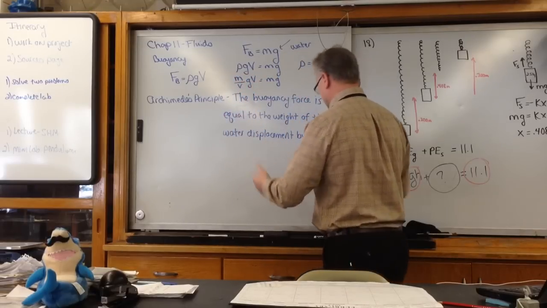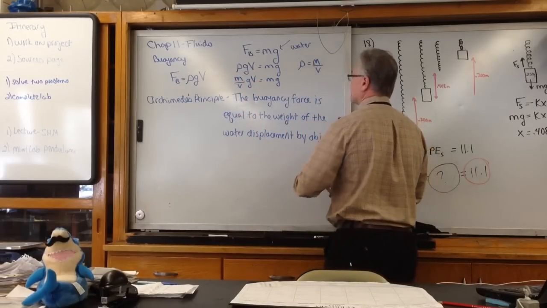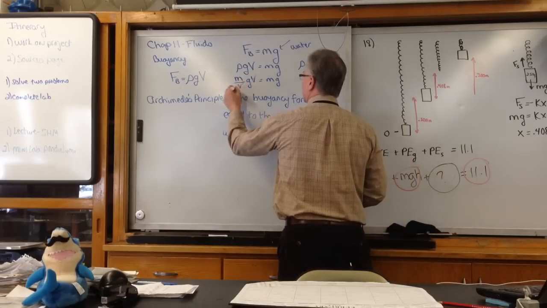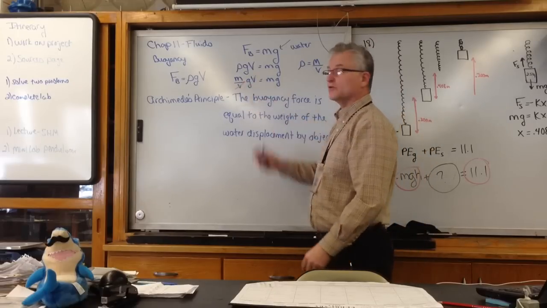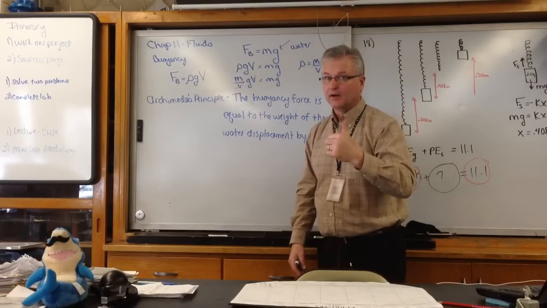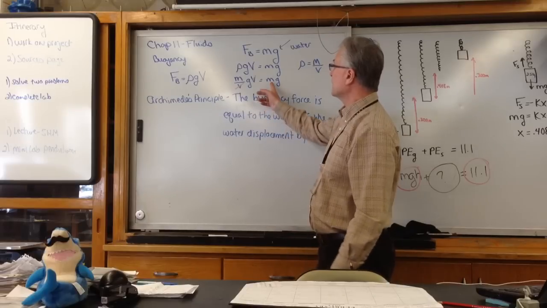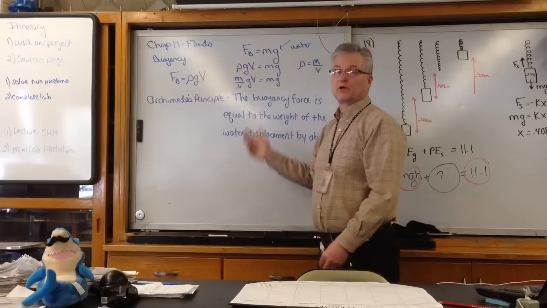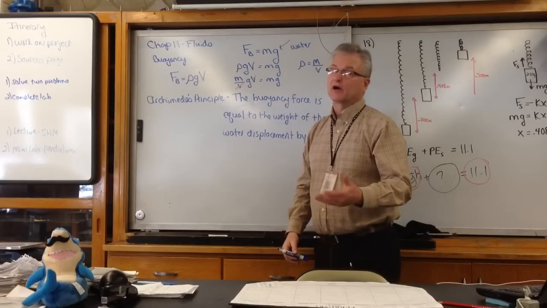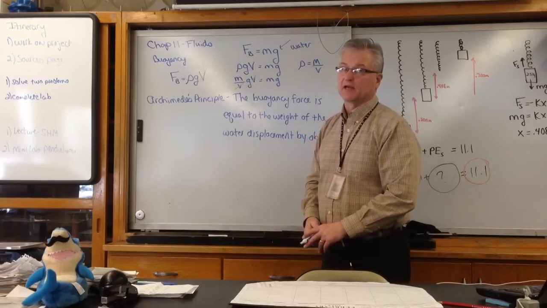All right, let's cancel out the V here, the volume here, and the volume here, and we're left with mg equals mg. Yeah. All right, so the weight of the water is actually equal here to the weight of the water on that side as well. So Archimedes' principle really does make sense.